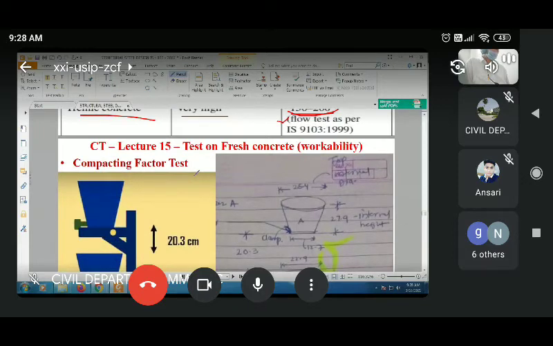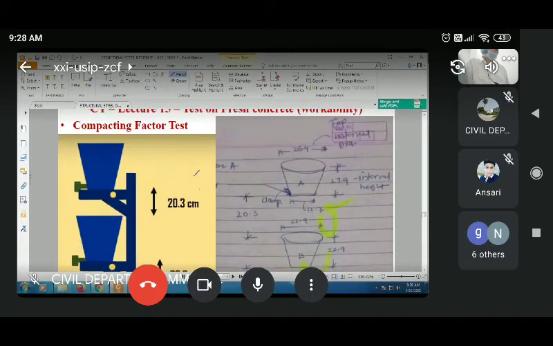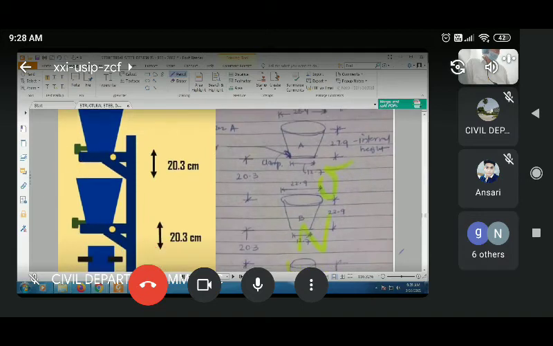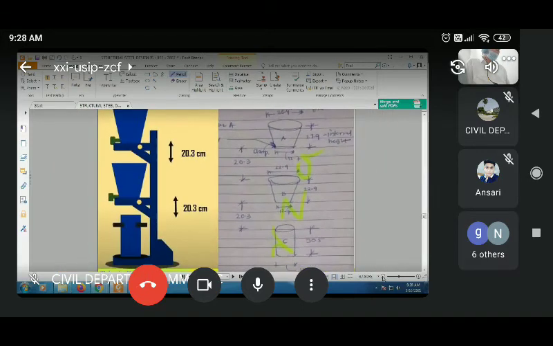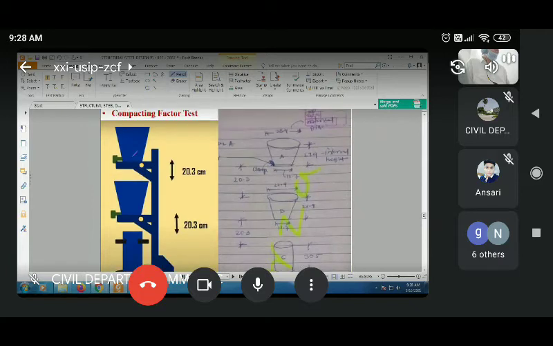Next is the test on fresh concrete, the workability by the compacting factor test. You can see here the compacting factor apparatus, which consists of two hoppers, hopper 1 and hopper 2, and the cylinder.